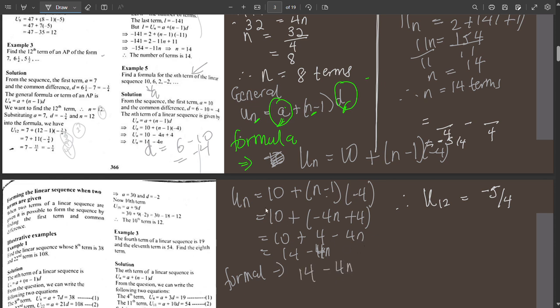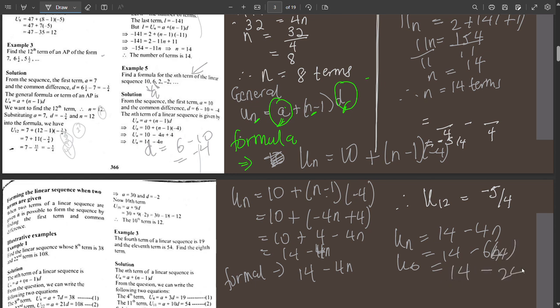What this means is I can simply use this. So if I want, for example, the second term, which is 6, I will just put in the 6.